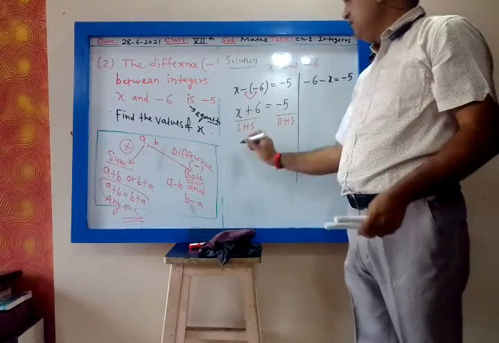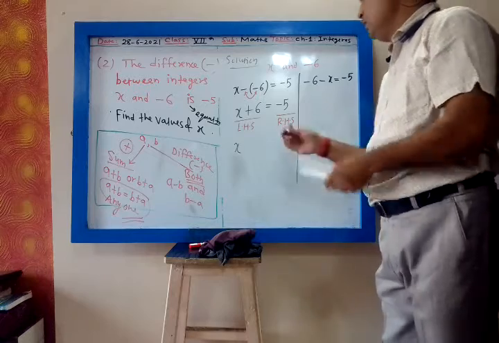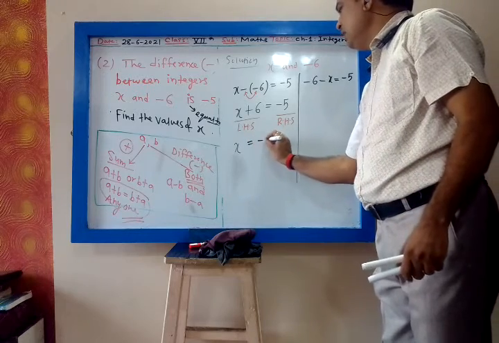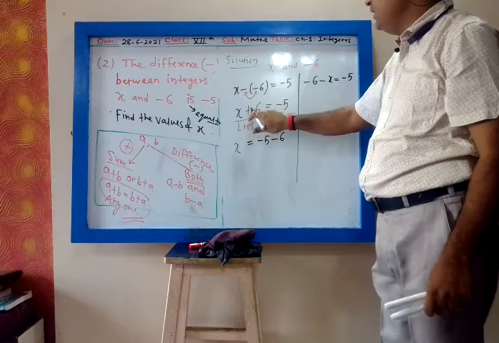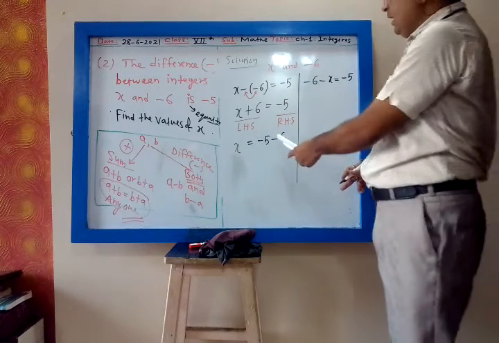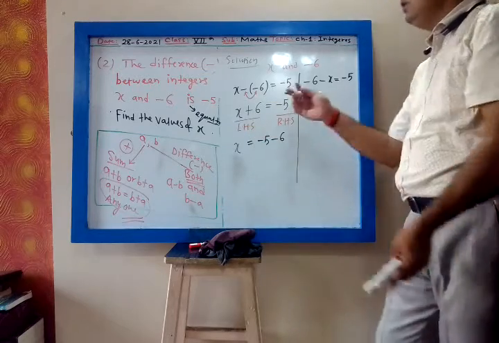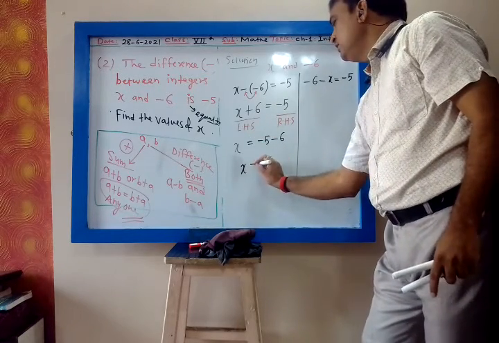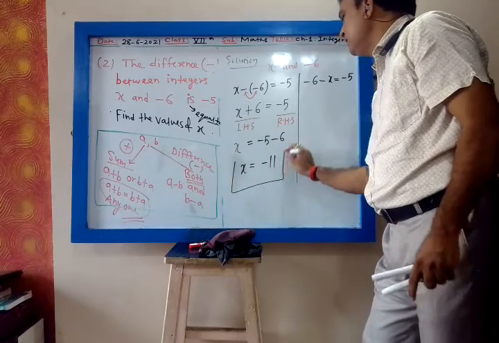So you will get x is equal to minus 5 minus 6. Two numbers with the same sign, so we add and take the common sign. 6 plus 5 is 11, the common sign is minus, so the answer is minus 11.